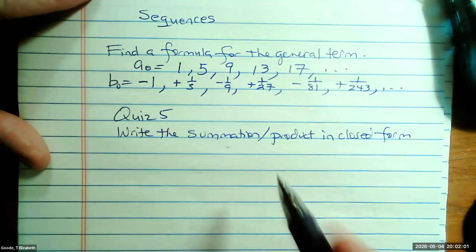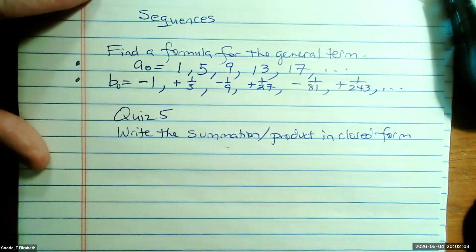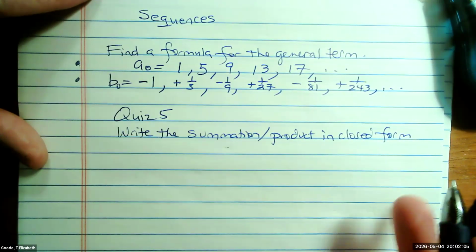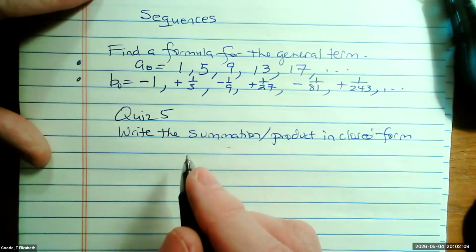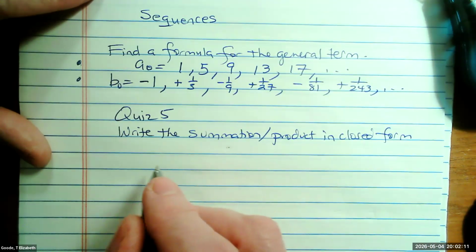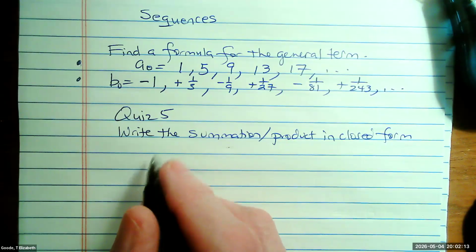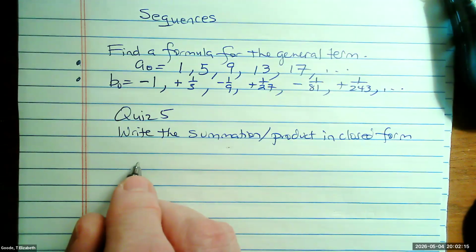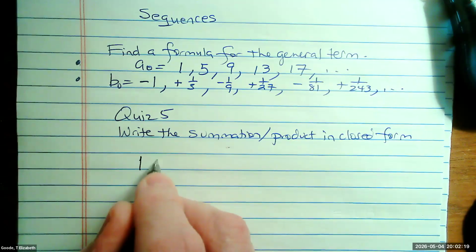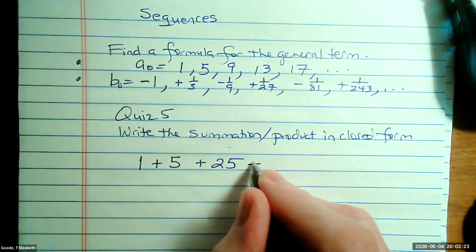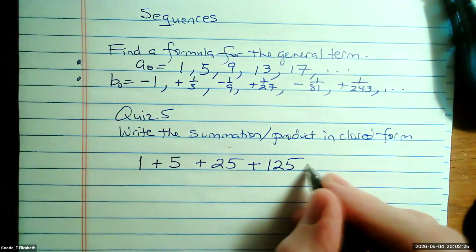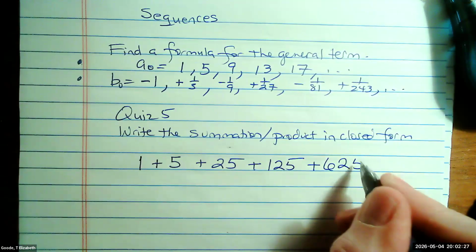And so then I said, please write the summation in closed form, where I gave you the terms of a sequence. Like here's one: 1 plus 5 plus 25 plus 125 plus 625.